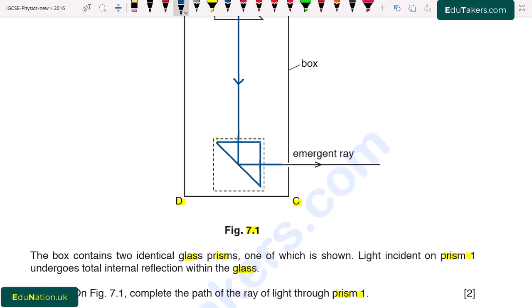So this is a complete path of the light that enters into the prism 1 and after passing through the prism 2 emerges from the box.